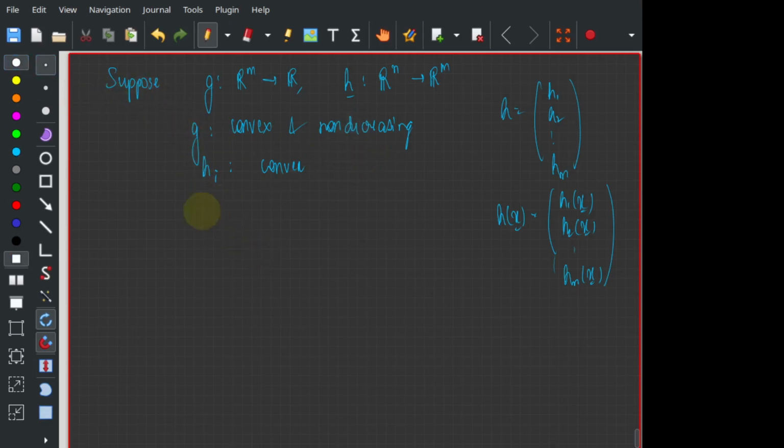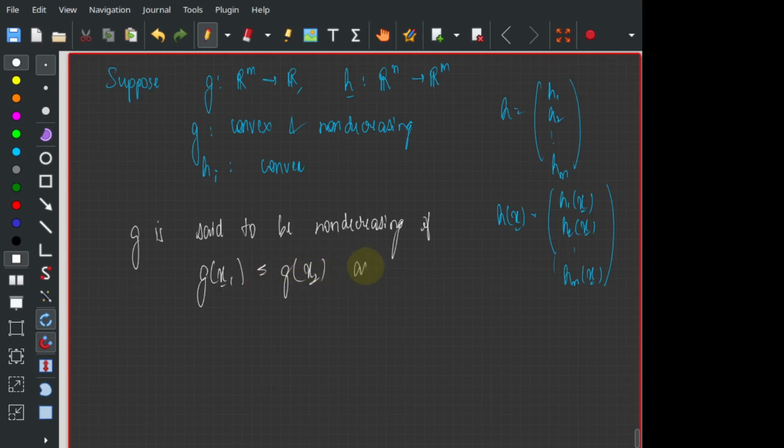We'll just use the component-wise non-decreasing. G is said to be non-decreasing if G of x1 is less than or equal to G of x2, as long as x1 is less than or equal to x2 component-wise.